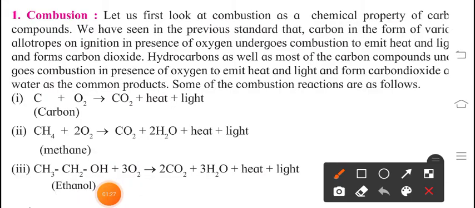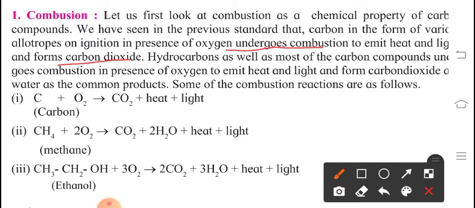In the combustion process, carbon in the presence of oxygen undergoes combustion to emit heat and light and forms carbon dioxide. How does it form carbon dioxide?